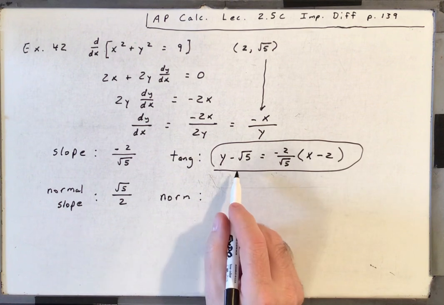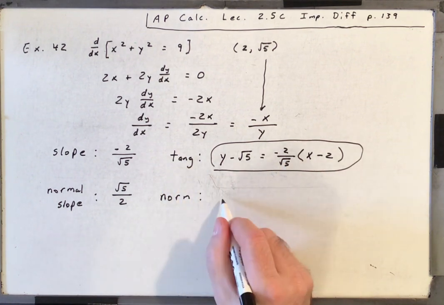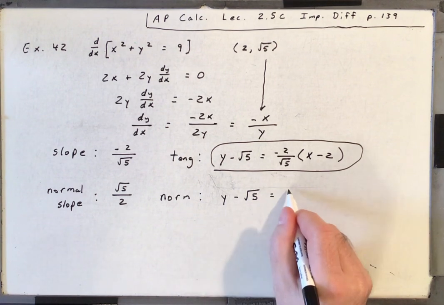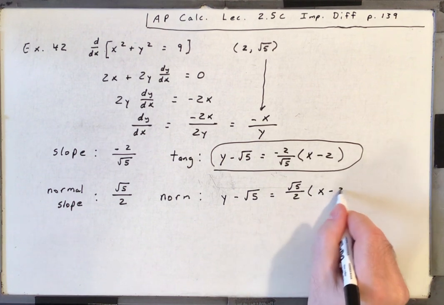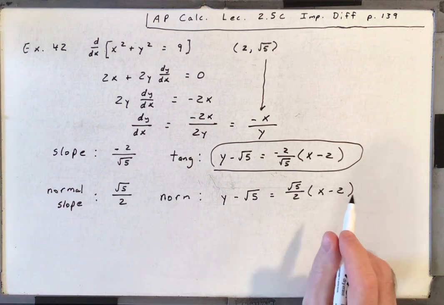So the only difference in the equation from the tangent line and the normal line is the slope. So it'd be y minus root 5 is equal to root 5 over 2 times x minus 2.